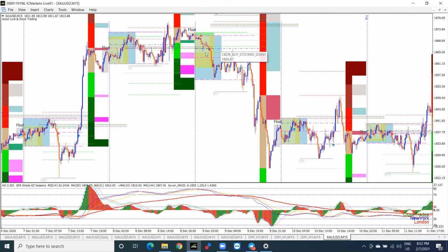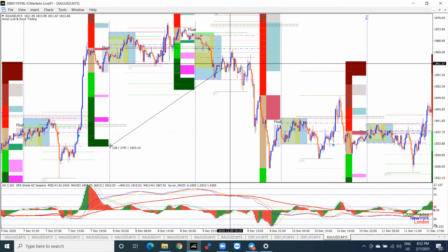We have the price break below the sell lines, green ones, and we have the midnight New York opening candle below the green lines. We open our sell somewhere here, let's say, and our target will be on the previous for 280 pips.